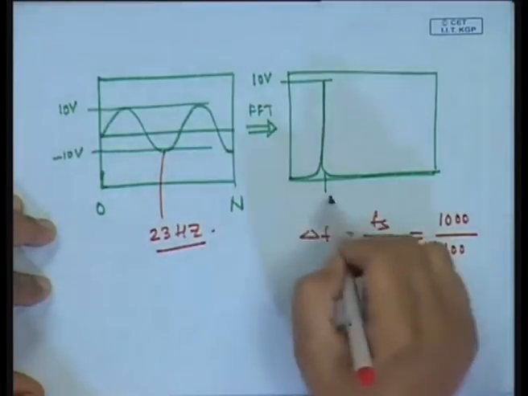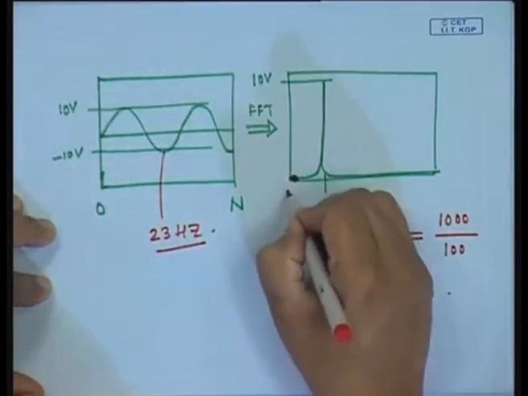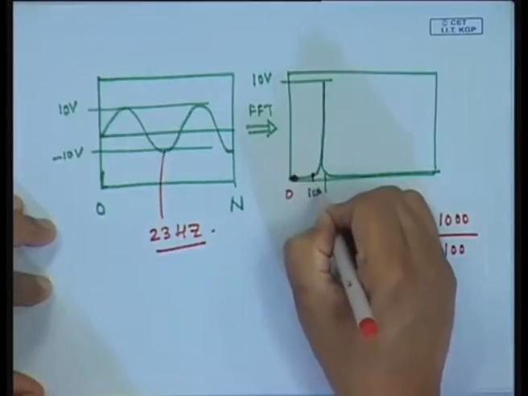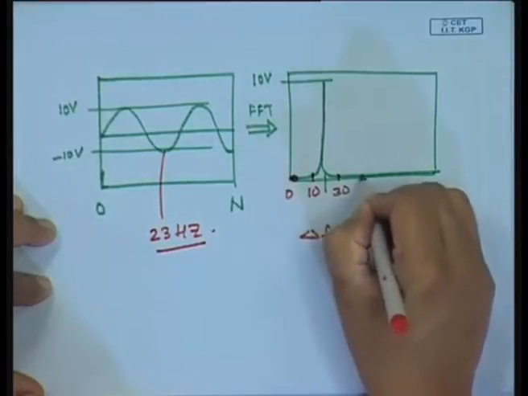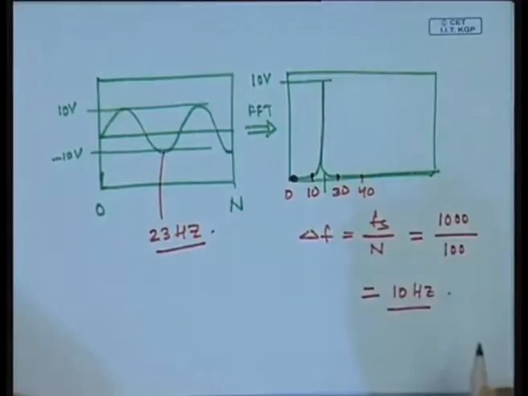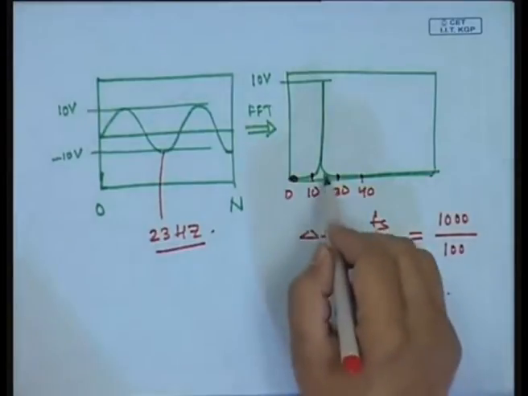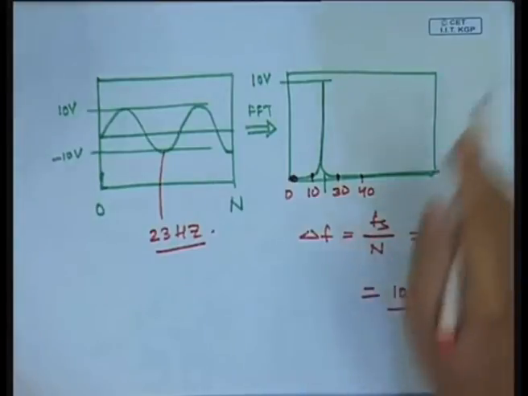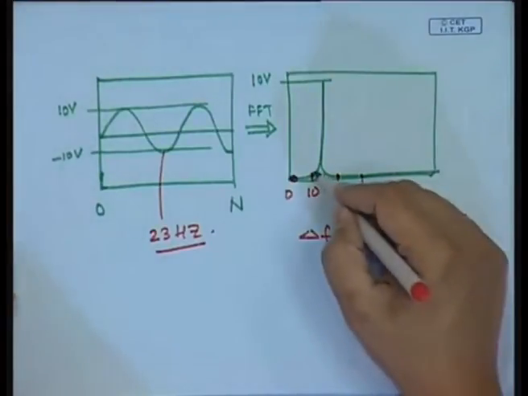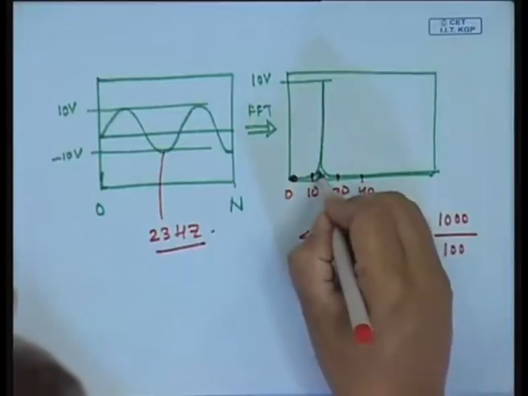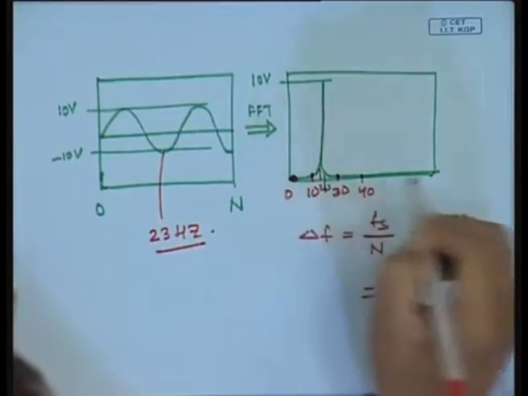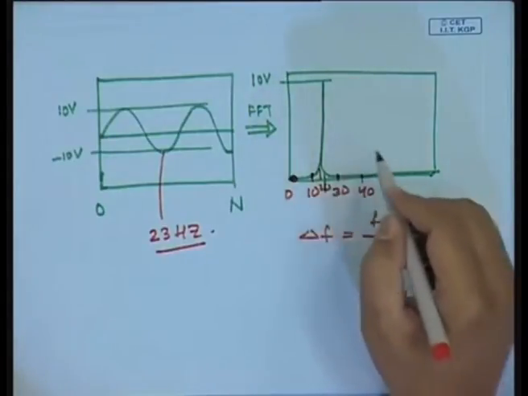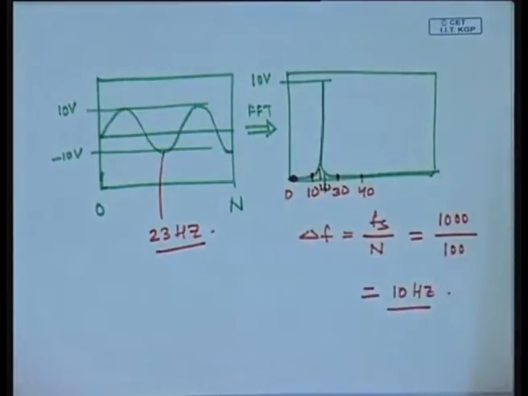So, obviously, this computer is going to understand 0 hertz, 10 hertz, 20 hertz, 30 hertz, 40 hertz and so on. So, when it comes to 23 hertz, it is lost again, like we had in the amplitude resolution case, whether it is a 20 hertz signal or a 30 hertz signal.